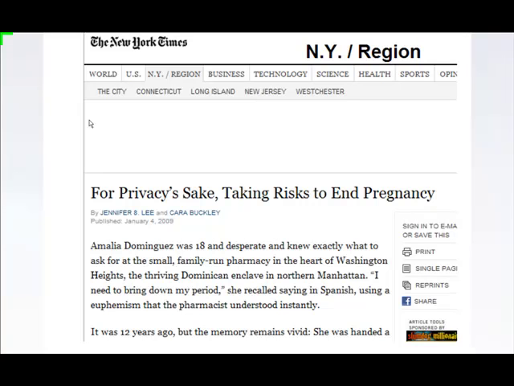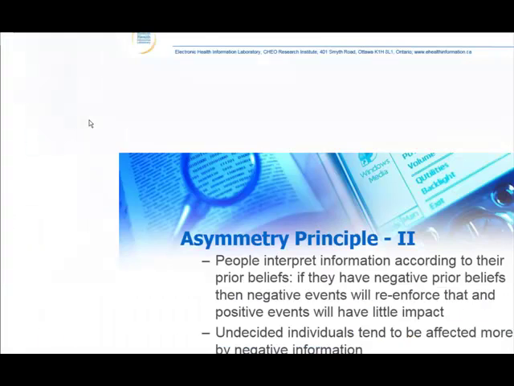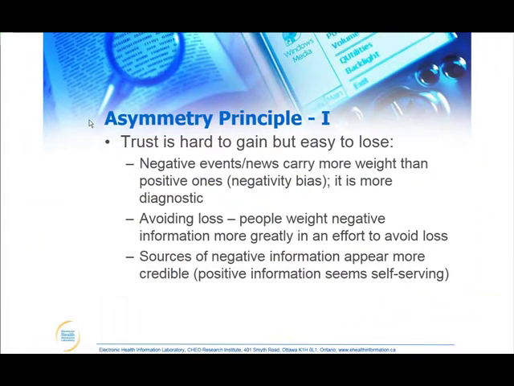So they get this drug, which is known to have this side effect. Sometimes it works, sometimes it doesn't work, with some terrible consequences. And it's largely driven by privacy concerns. They don't want a record of them having an abortion. So again, these are not theoretical risks. These things happen. People do change their behavior when they have concerns about privacy.